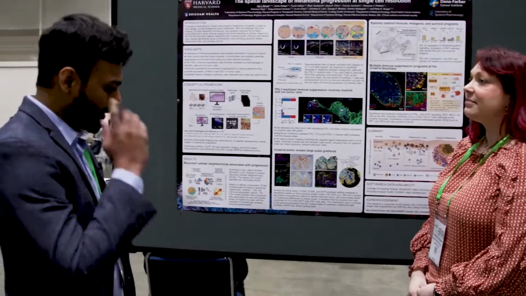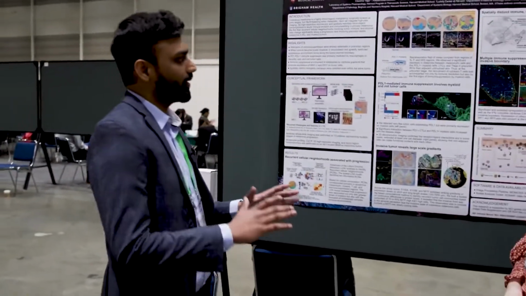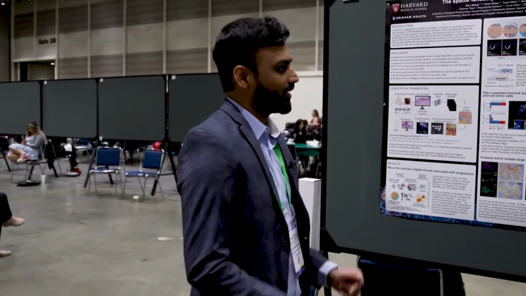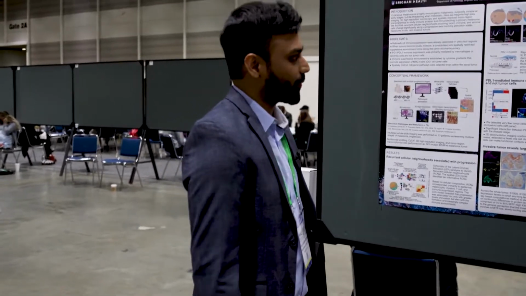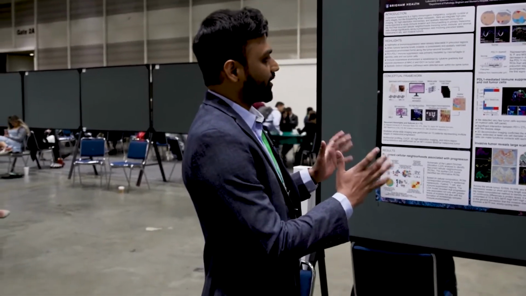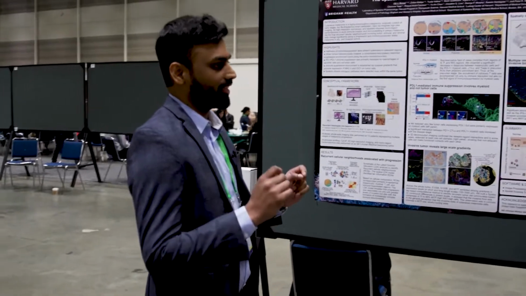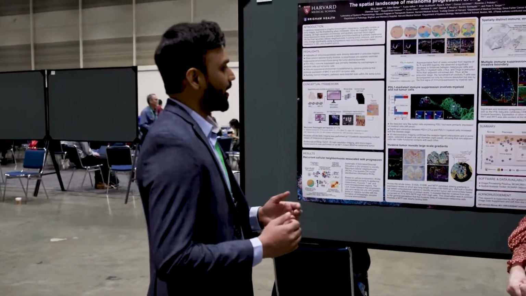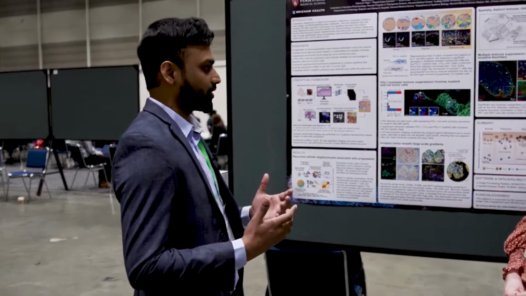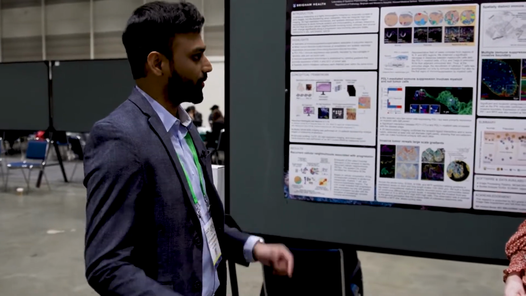Sure. So what we're trying to do here is to build a pre-cancer melanoma atlas, and this is part of the Human Tumor Atlas Network. What we're really trying to understand is the early spatial and molecular events that allow melanoma cells to proliferate and grow into a full-blown tumor.